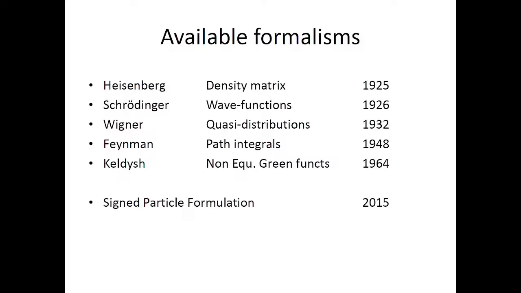Other available formalisms exist, although they are not talked about a lot in the literature, but they do exist, and they do have a meaning for their existence. In practice, all these formalisms explain exactly the same systems but with different mathematical concepts.